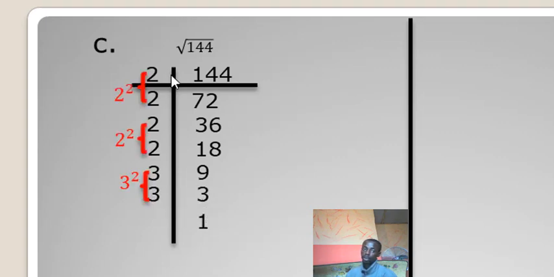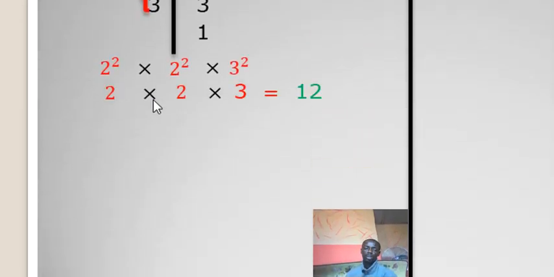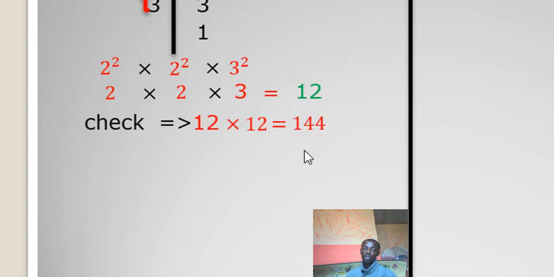Now you pair up. 2 multiplied by 2 is 2 squared, 2 multiplied by 2, 2 squared, 3 multiplied by 3, that is 3 squared. Then we'll bring that out: 2 multiplied by 2 multiplied by 3 equals 12. Now, how do you check your answer? You check your answer by multiplying 12 by itself. If you get 144, it shows your answer is right.